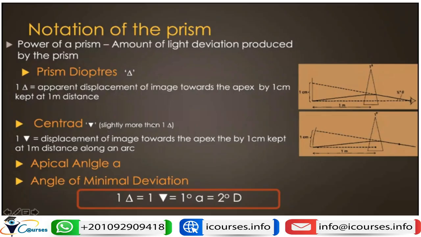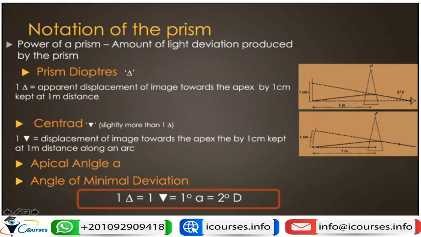Another method for nomenclature or notation of the prism is called the centrad. Centrad is referred to as an inverted blank triangle or inverted white triangle, which is usually slightly more than 1 prism diopter. So what is one centrad?